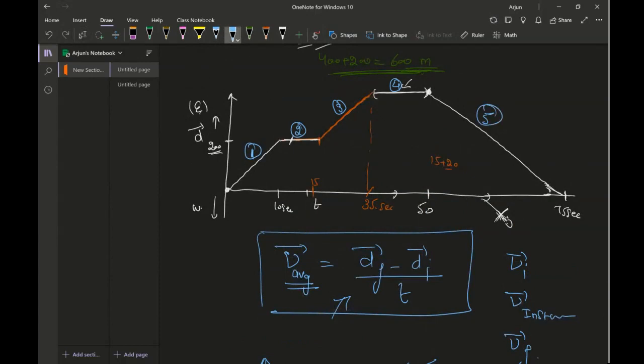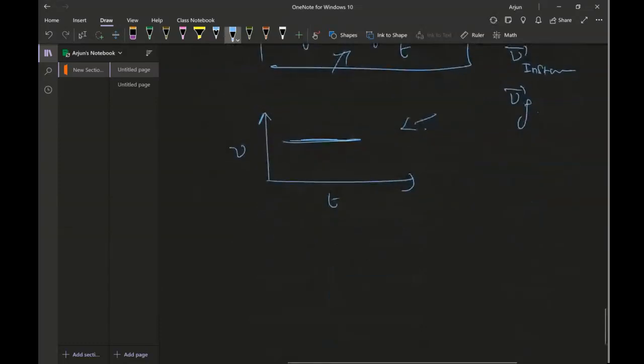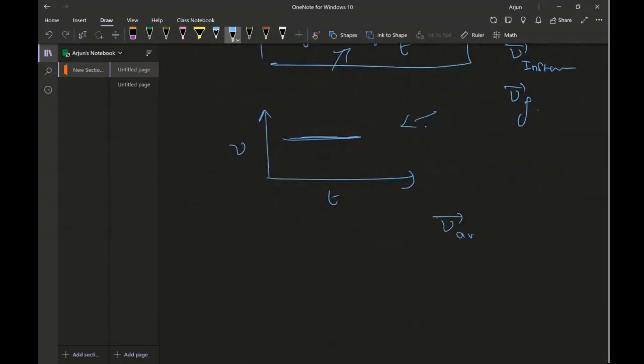Now, how much is the displacement covered by the person in section A, or section 1? The displacement covered is 200 meters, so 200 meters in 10 seconds. So V average is equal to D final minus D initial divided by time.